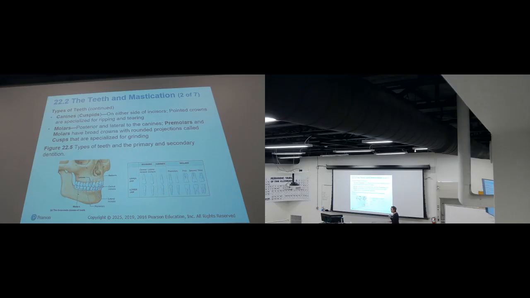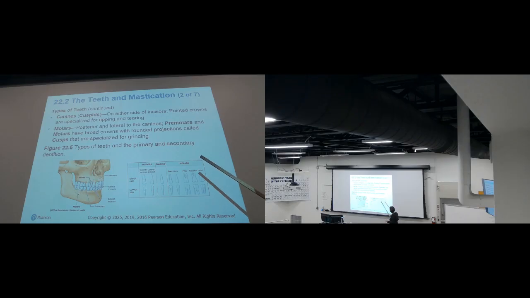As we age, the gingiva recedes, and we expose more of the anatomical crown. But anything that is not covered by gingiva is the clinical crown. And now, the canines are helpful for ripping and tearing.